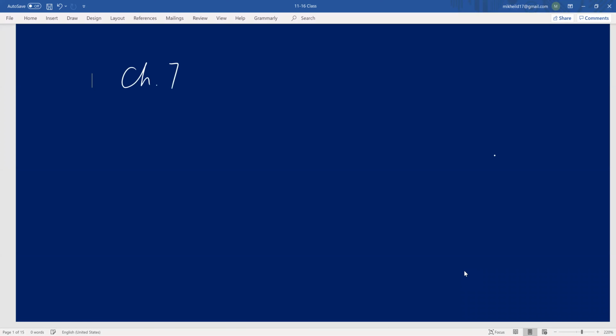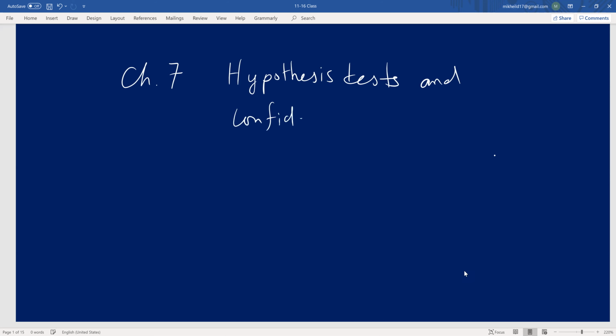Chapter 7. This is about hypothesis tests and confidence intervals for multivariate models.